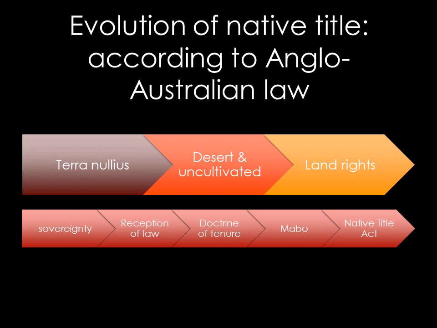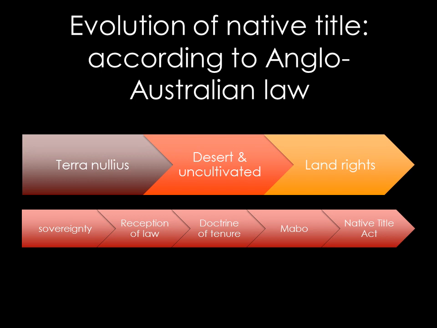Now terra nullius was accompanied by a common law doctrine of desert and uncultivated, which justified the importation of English concepts of land law into Australia and effectively dispossessed the traditional owners here.